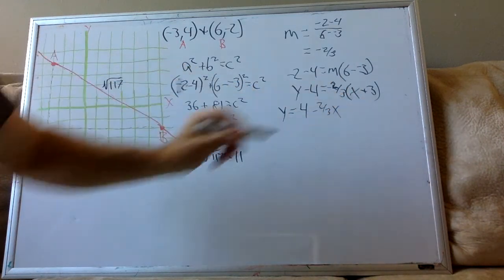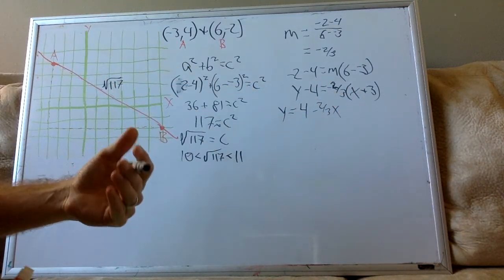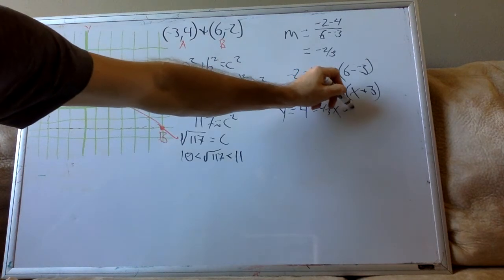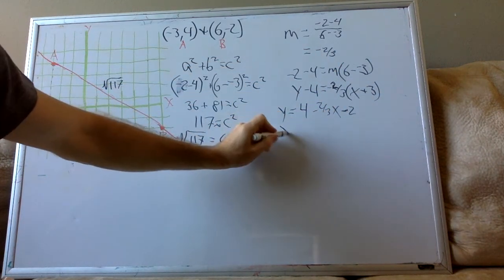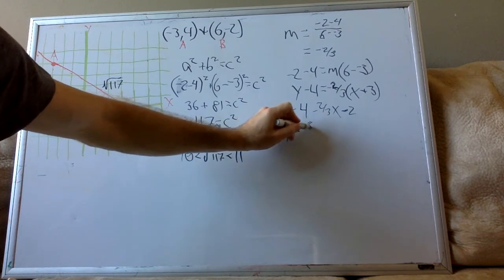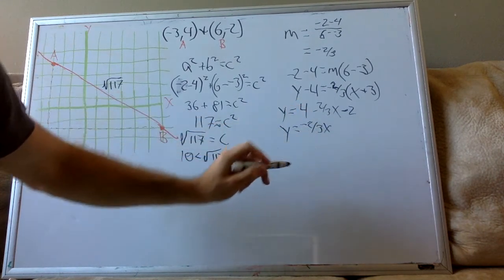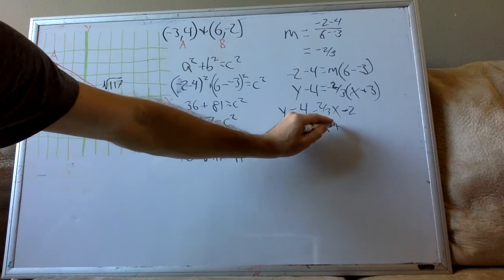The 3's, you'd have 3 over 3, so that's 1, so we get negative 2. And then when I combine my like terms, I get a positive 2. So I have y equals negative 2/3 x plus 2.